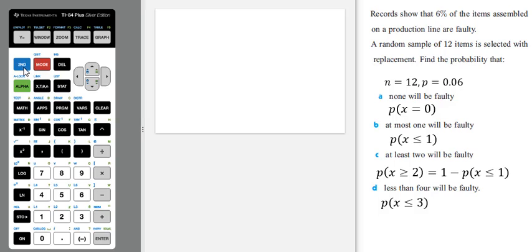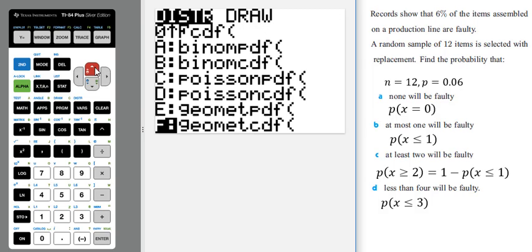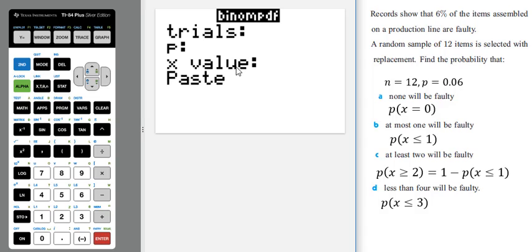Now we go to second, variables. Here's a distribution. Then use the upper arrow. Here's binomial PDF, so move the arrow up, go to A, enter. Trials, that will be n, 12.